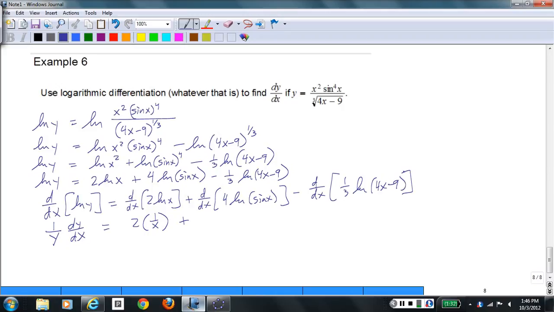A little bit of chain rule. d dx of 4 natural log of sine x is going to be 4 times 1 over sine x times the derivative of sine x, cosine x, minus 1/3 times 1 over 4x minus 9 times the derivative of 4x minus 9, which is 4.